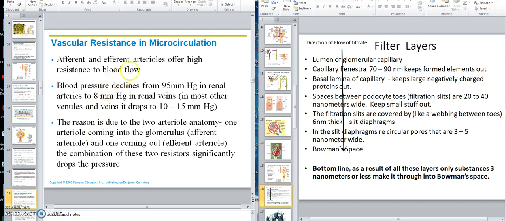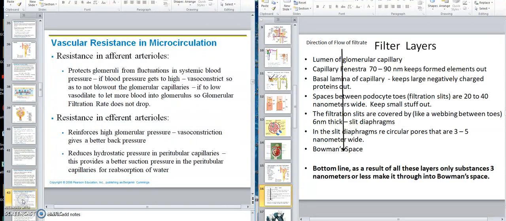Afferent and efferent arterioles offer high resistance to blood flow. Blood pressure declines from 95, and you can see there the reason, the two arteriole anatomy, which we just talked about. Resistance in afferent arterioles protects glomeruli from fluctuation of systemic pressure.